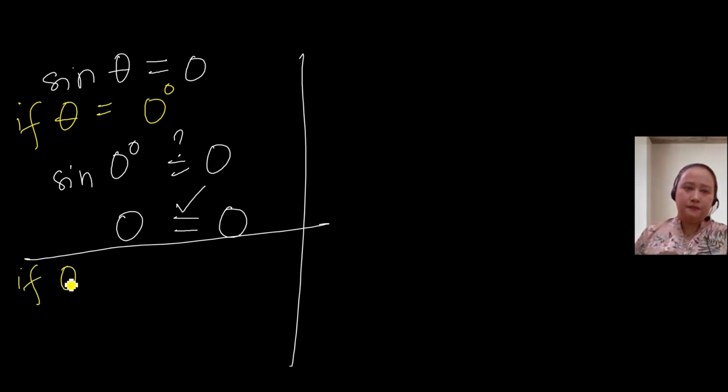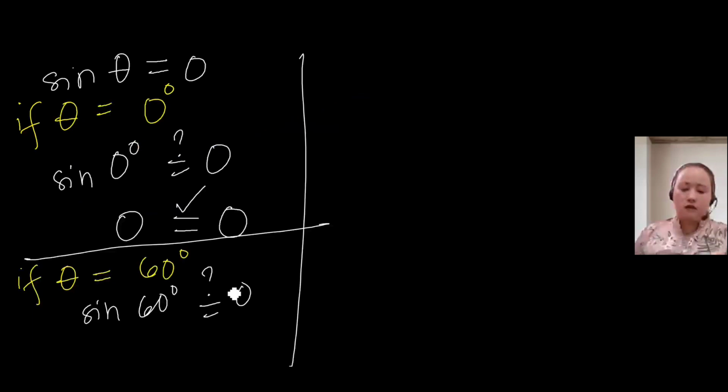If theta is, say, 60 degrees, substituting, we have sine of 60 degrees. Do you think this is equal to 0? With your calcu, the sine of 60 degrees is equivalent to the square root of 3 over 2.